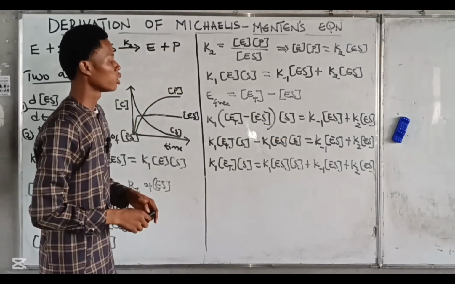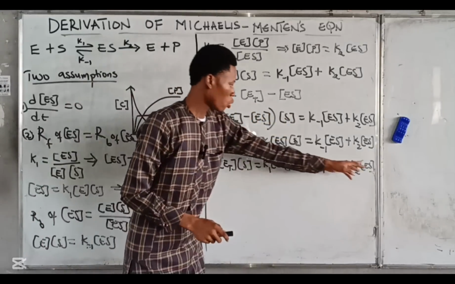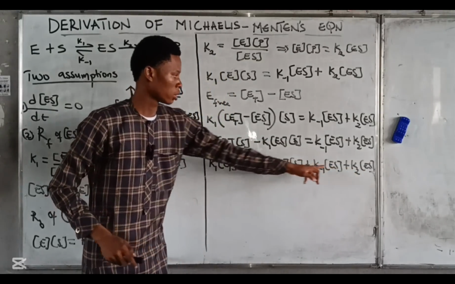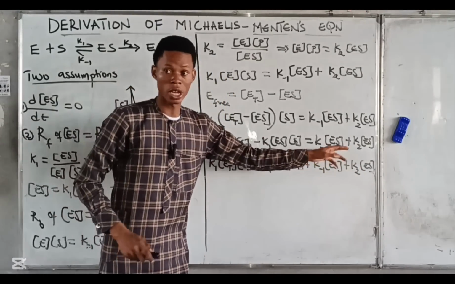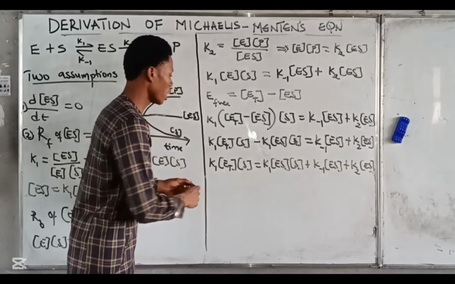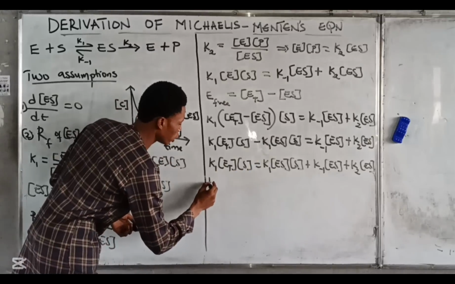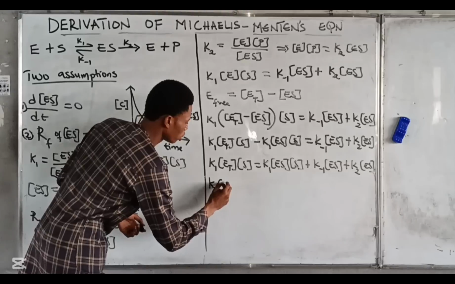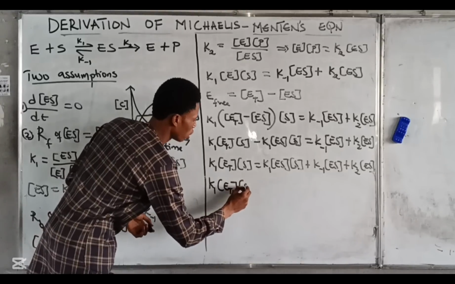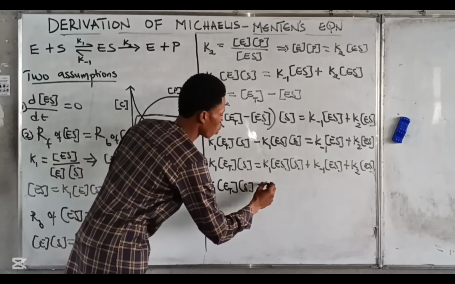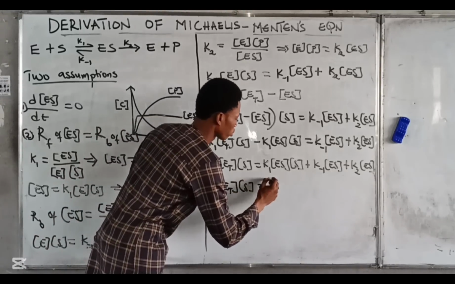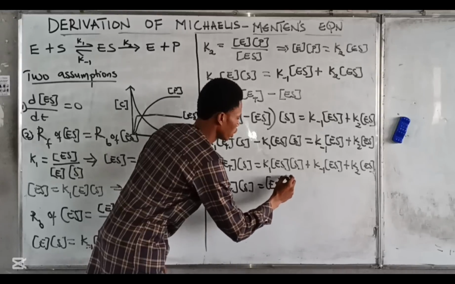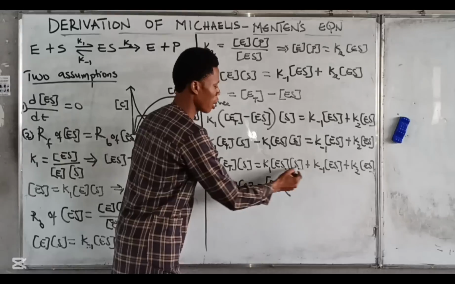Good. Now, if you look at this side, what is common with everything here? Yes. ES is common here, right? So I'll factorize out ES on that side. So here I'll be having K1 E total S equal to, I'll bring out ES. Now if I bring ES outside the bracket, what will I be having here?